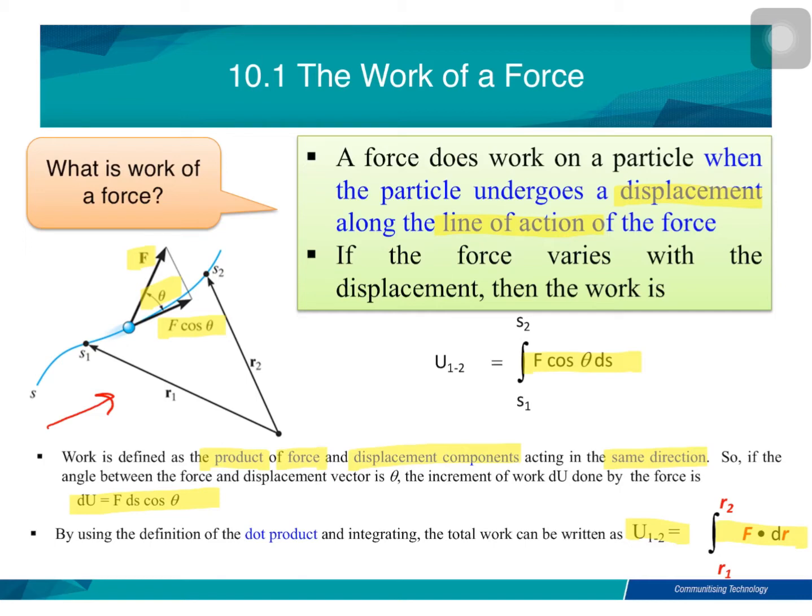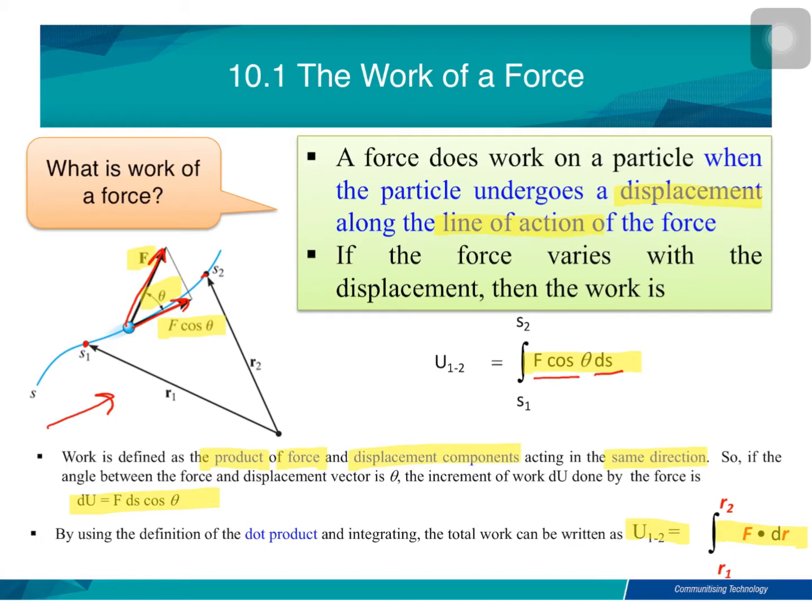If the force varies with displacement, then the work is F cos theta. Here we refer to this figure. This is the F, right? For the part from s1 to s2, we have F cos theta times the displacement ds, so F cos theta ds.